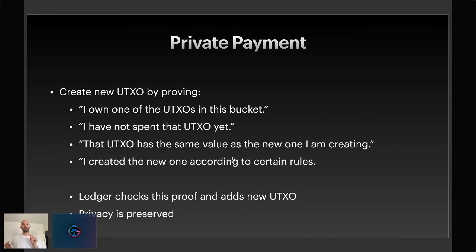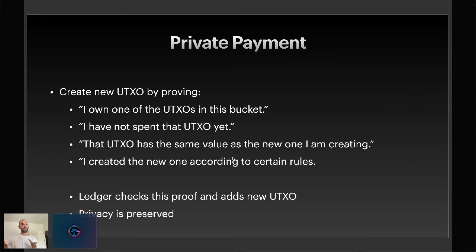And when you go to put a UTXO into the bucket to pay your friend, what you also have to do is give the proof to the Manta Network blockchain. And the blockchain, the ledger, is going to verify your proof. And they're only going to accept the UTXO if that proof passes, right? So if your proof was valid, then you get to put a UTXO in the bucket.